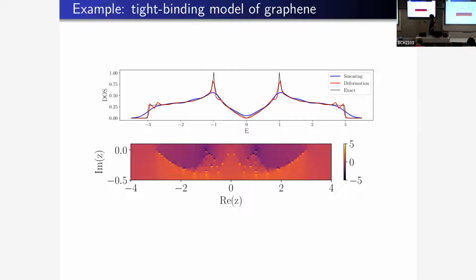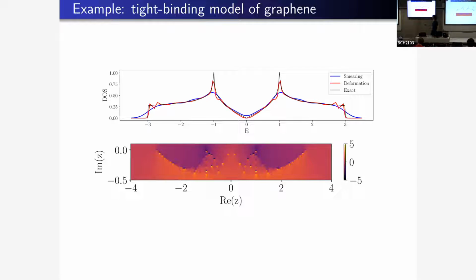It depends on the accuracy. Our method is exponentially convergent, so if you really want high accuracy, it's going to be better. For low accuracy, as you say, smearing is really not bad.